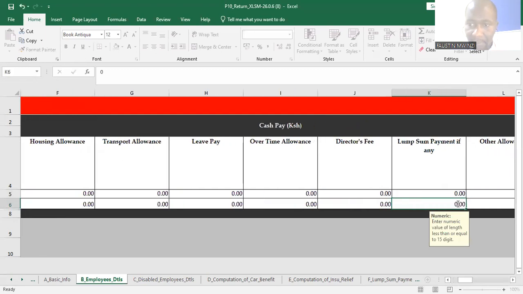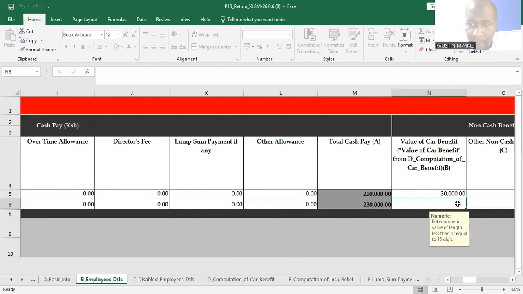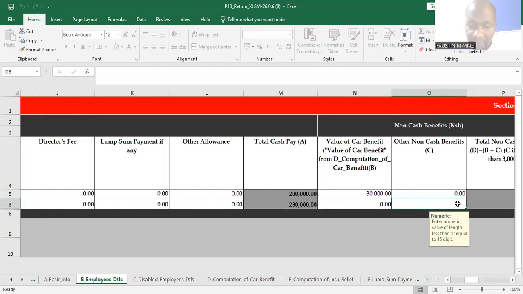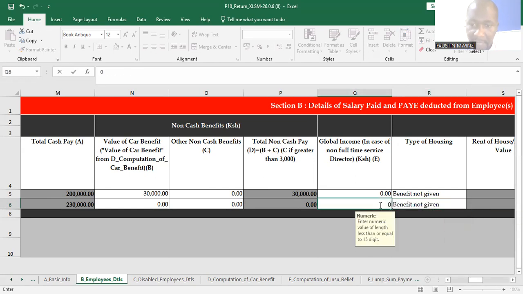Lump sum, zero. Then value of car benefit, zero as well. Other benefits, zero. Now, this one is not given housing, and the global income becomes active.